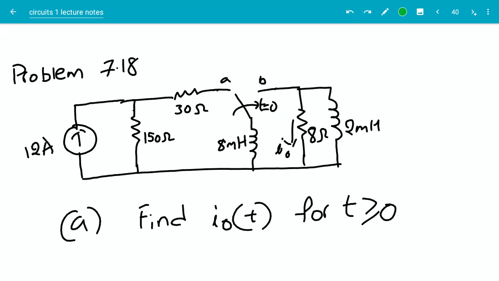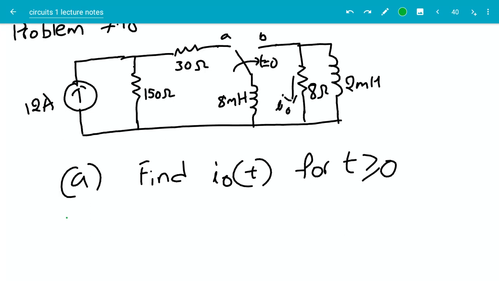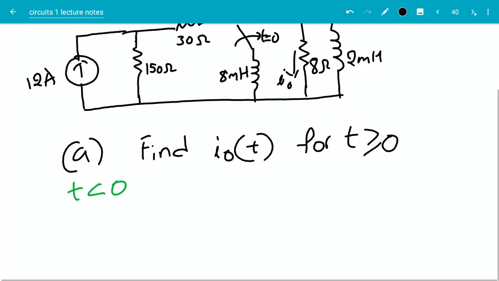So let's look at the condition when the switch is at position A for t less than 0 for a long time. I'm going to draw the circuit here.